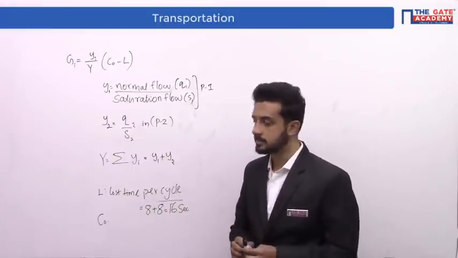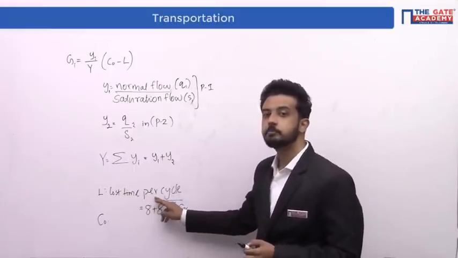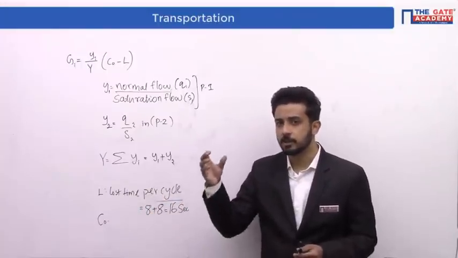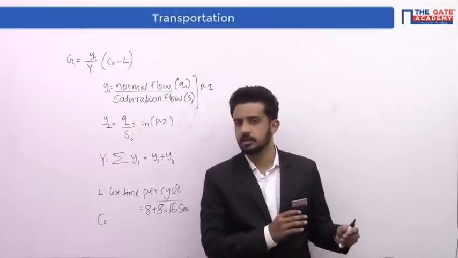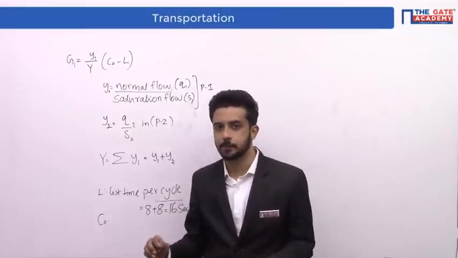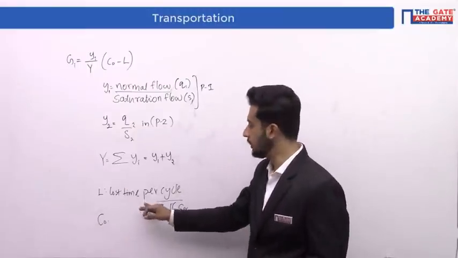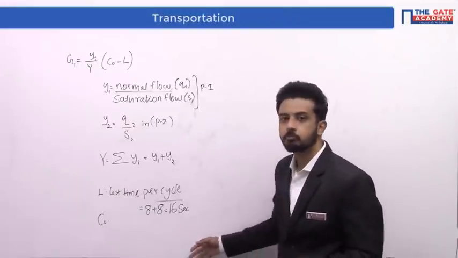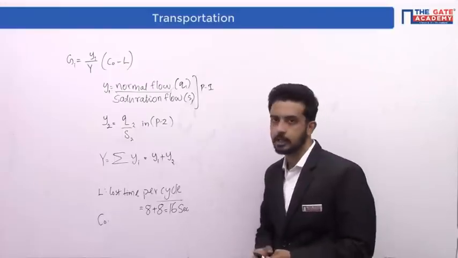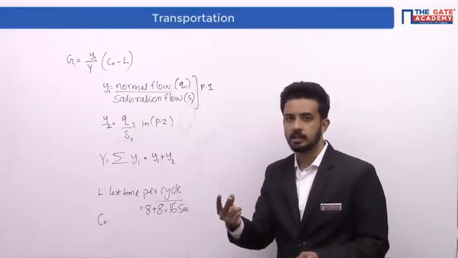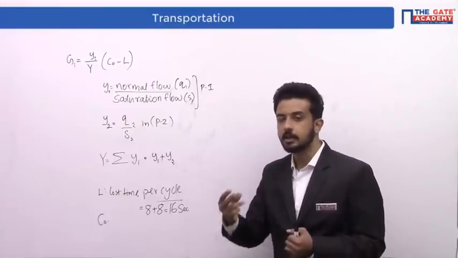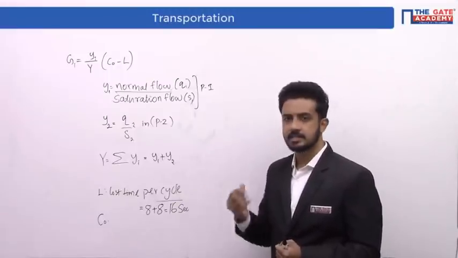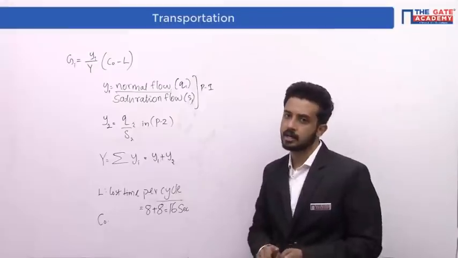So don't make a mistake. It is the lost time per cycle. So if they are giving the lost time per phase, and they are telling that in each phase it is the same, then you have to multiply that value by the number of phases so that you will get the total lost time per cycle. If it is a 2-phase signal, in a cycle, 2 phases are there. 4-phase signal means in a cycle, 4 phases are there.